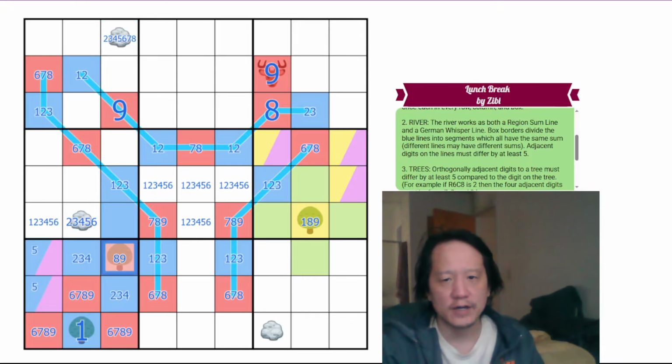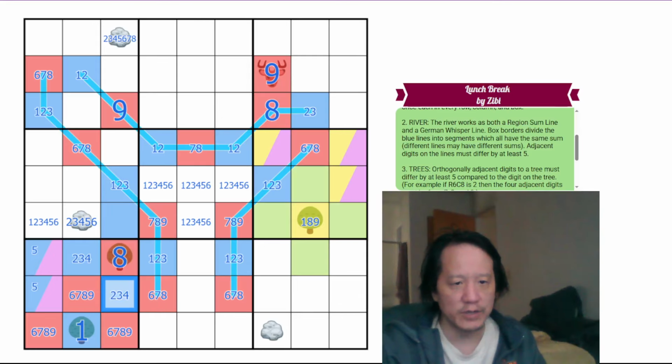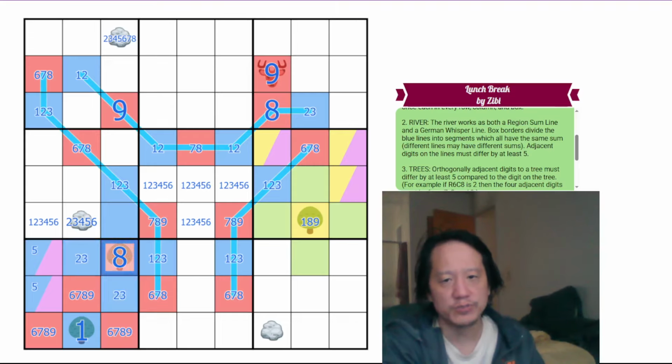This can't be 9, so this must be 8. Which eliminates 4 from the cells that are orthogonally adjacent to it, because the tree must be 5 away from their orthogonally adjacent digits. This can't be 8 or 9, it's 6 or 7. This can't be 8, this can't be 8. This has to be a 4, 5 pair.